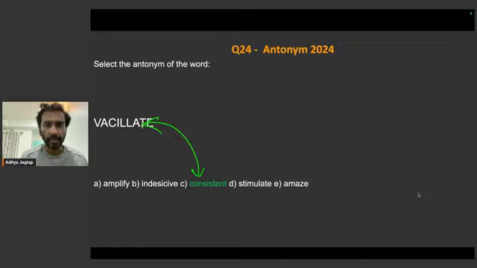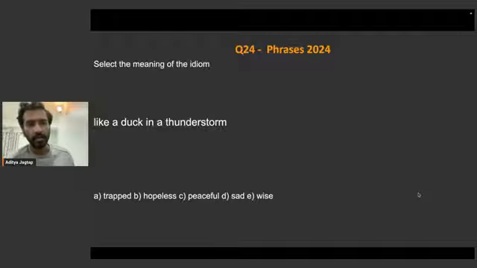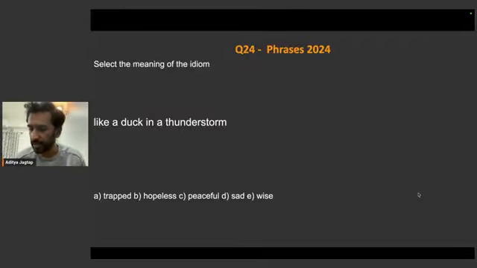All right. So that brings us to the last question, which is question 25. This should be: like a duck in a thunderstorm. You don't simply have to try and guess. Like a duck in a thunderstorm, so it won't be wise, it won't be peaceful.